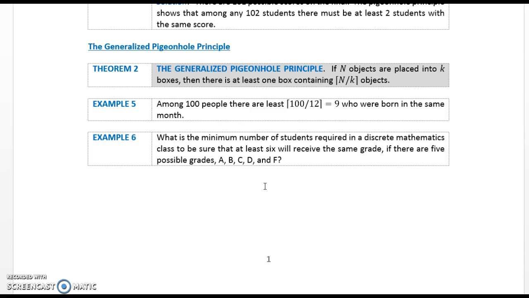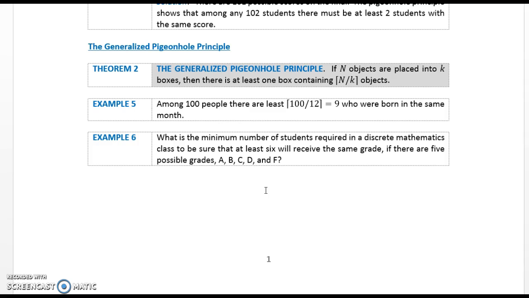Example 5. Among 100 people, there must be at least the ceiling of 100 divided by 12, equal to 9, who were born in the same month. Example 6.